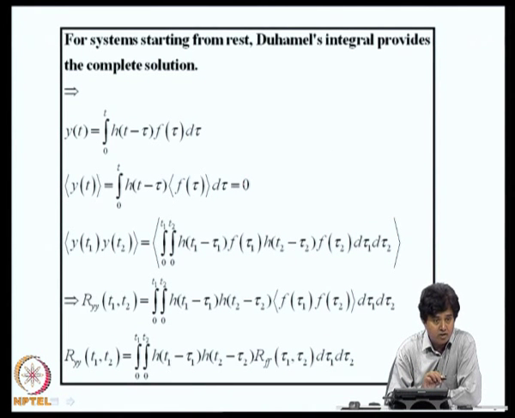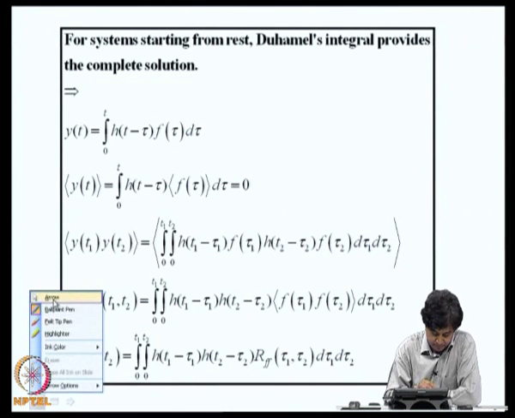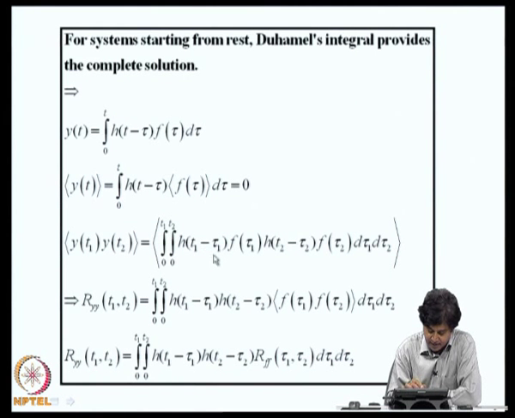How about second order properties? Now, you consider the expected value of y of t1 into y of t2. So, you have to multiply a Duhamel integral corresponding to y of t1 with another Duhamel integral corresponding to y of t2. If you do that, we get a double integral where the integration is on tau 1 and tau 2, and t1 and t2 appear in the integrand here, as well as in the arguments here.